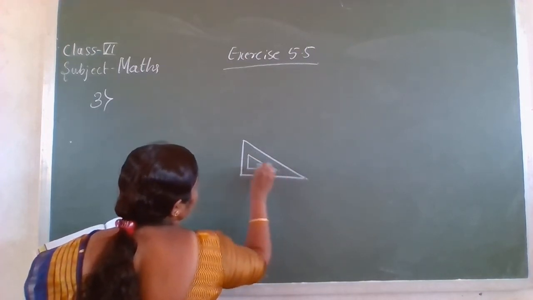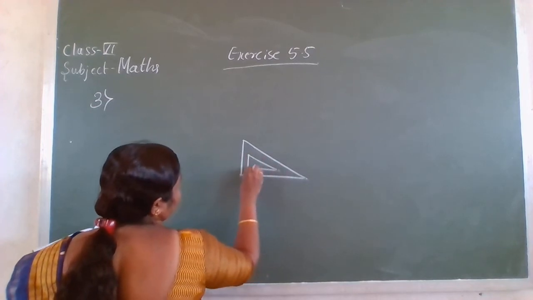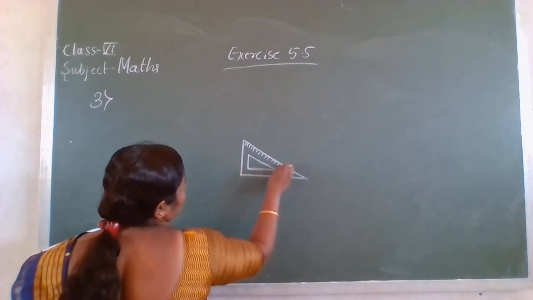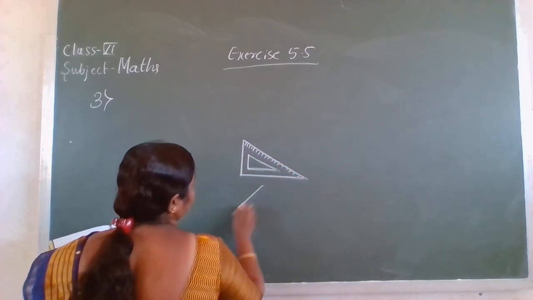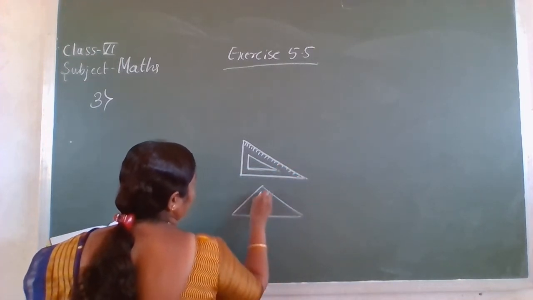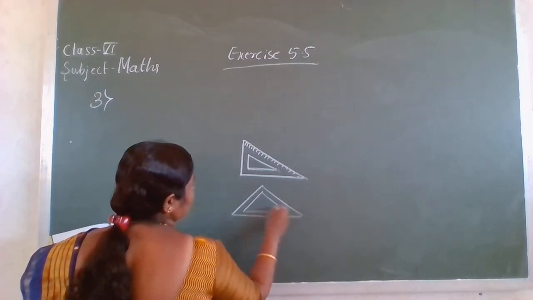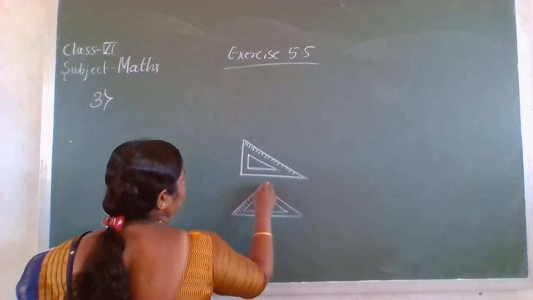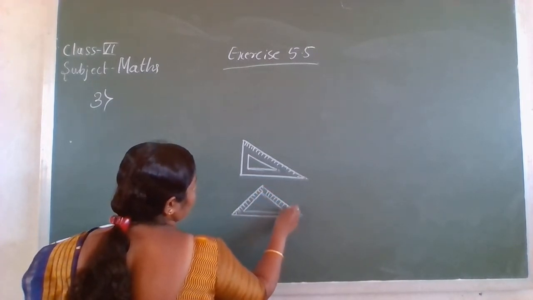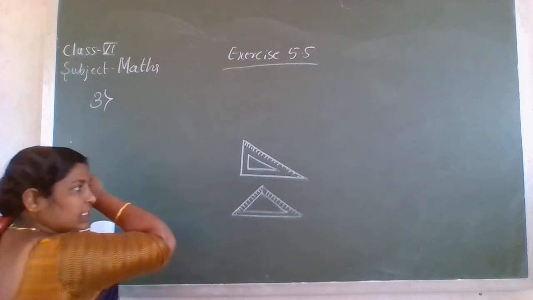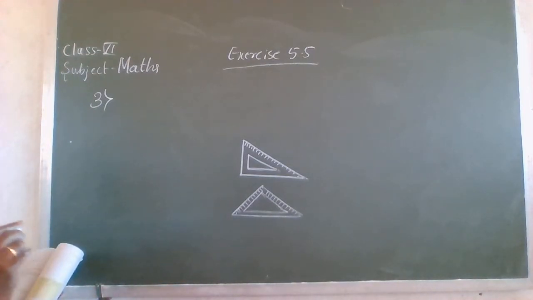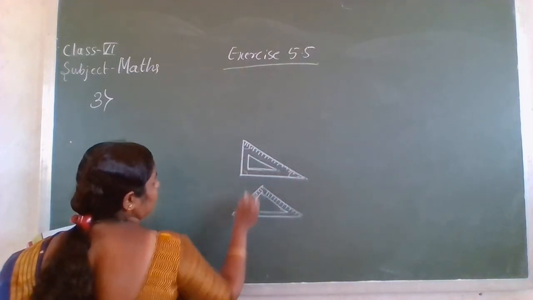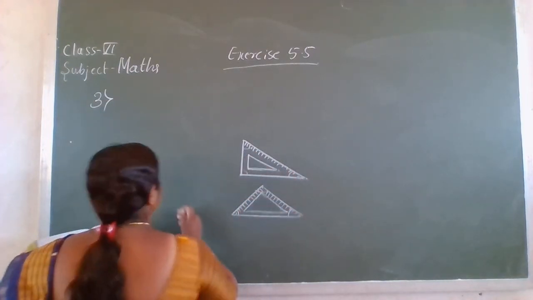I showed them in the first class. Two set squares will look like this in your geometry box. What is the measurement of those angles?